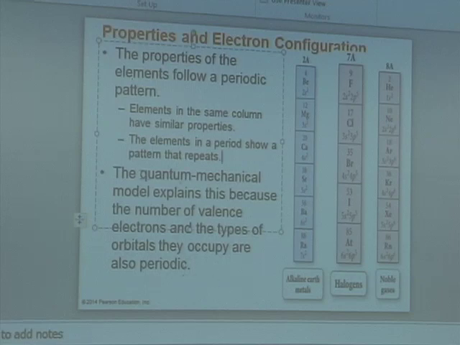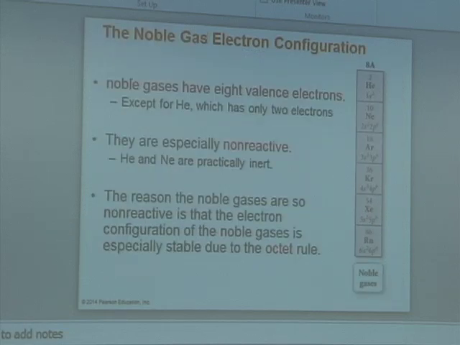The quantum mechanical model of the atom in chapter 7 explains this, because of the number of valence electrons and the type of orbital they occupy, whether it's an s, p, or d orbital.